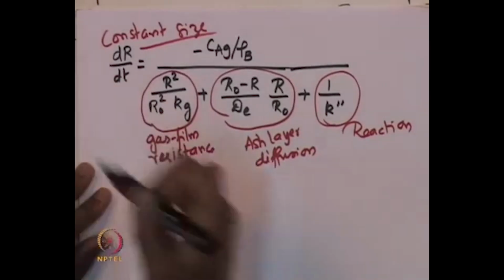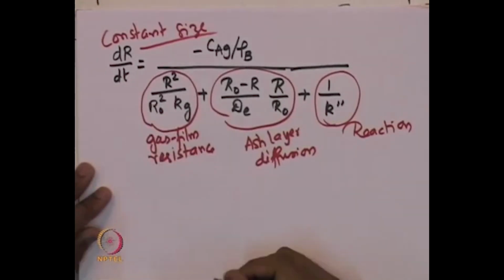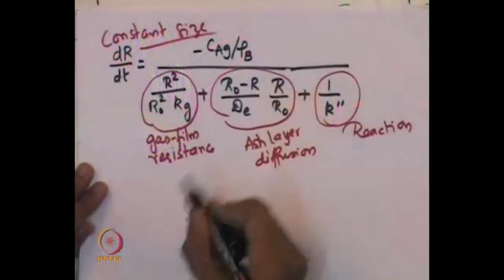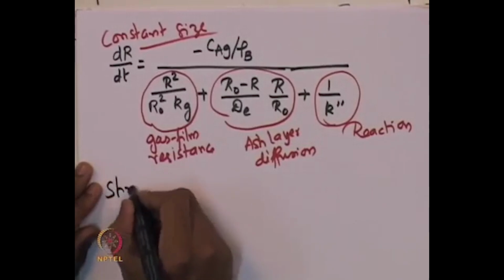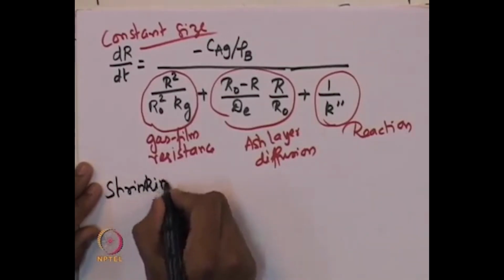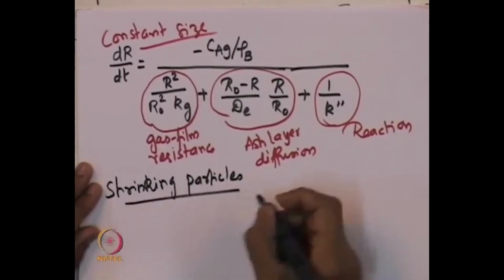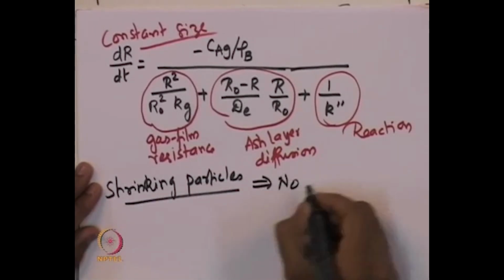The same thing can be written for shrinking size type of particles, where there is no ash layer. So, if there is no ash layer, then the resistance due to the ash layer does not exist. So, simply we can obtain the expression by removing the resistance due to the ash layer, which is present in this expression here. So, for shrinking particles, there is no ash layer.